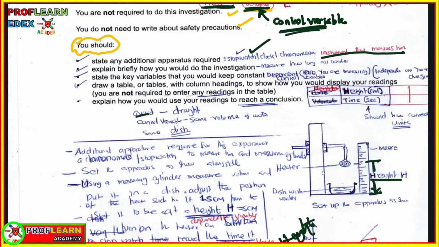And if possible, when you have a diagram drawn, it becomes very easy for you to explain what you are going to do. Now, for instance, I'm going to say the apparatus are shown alongside, and I've tried to label some of the parts so that it can be very easy for the examiner to understand how I'm planning to perform this experiment.